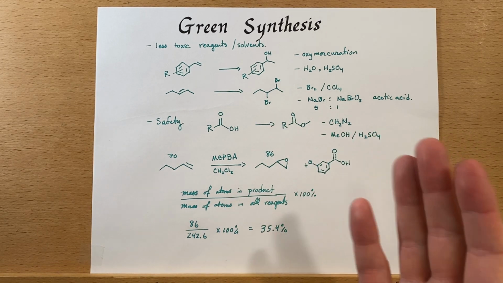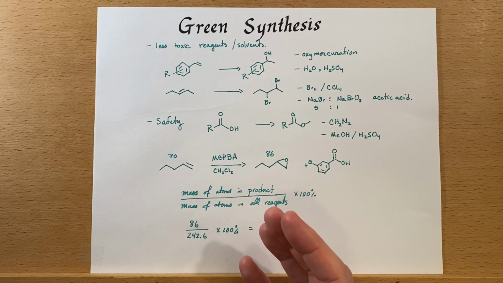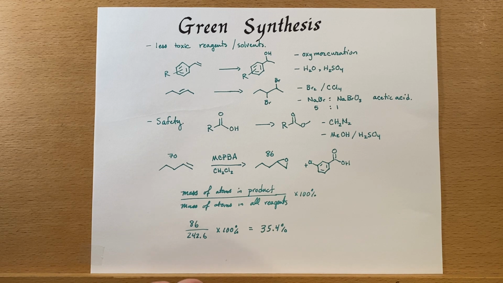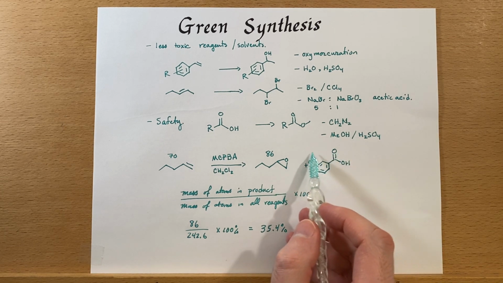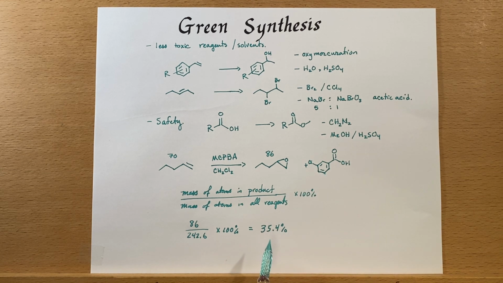Just because it weighs a little bit more doesn't necessarily mean it's bad. So that's where some of this can break down a little bit. In this case, though, I think it is quite valid just because of the large byproduct that we're making here. So these are some of the things that we would consider for a green synthesis.